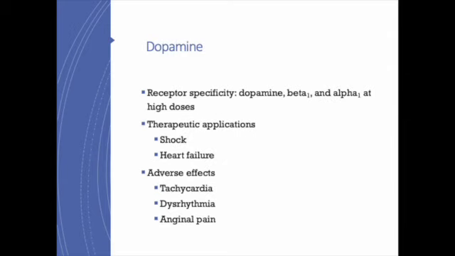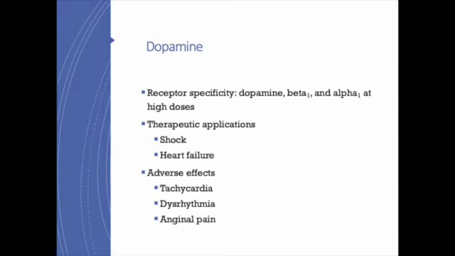Now, dopamine has specificity for the dopamine receptor and beta 1, but at very high doses, you can actually activate alpha 1. It's also a catecholamine, and it's dose dependent, right? So high doses alpha 1, lower doses beta 1 and dopamine.